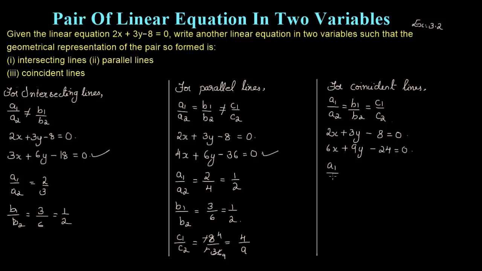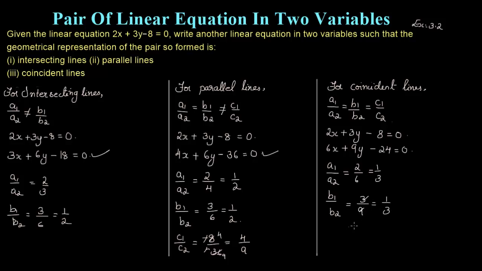Now let us just check, is it correct what we have taken or not? So 2 by 6, which is equal to 1 by 3. Then if I am taking B1 by B2, then it will be 3 by 9, which will be equal to 1 by 3.